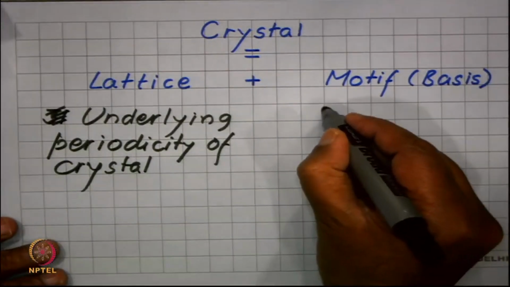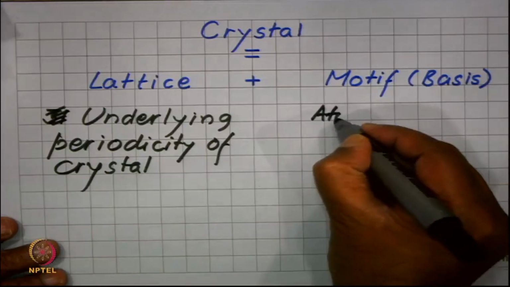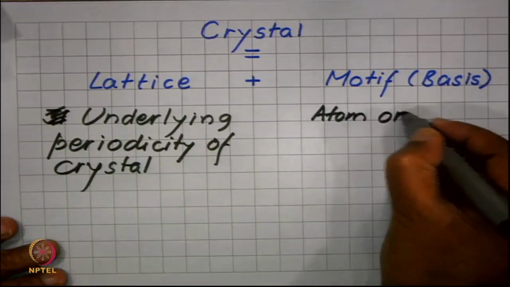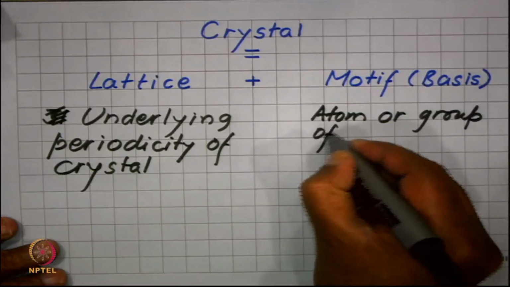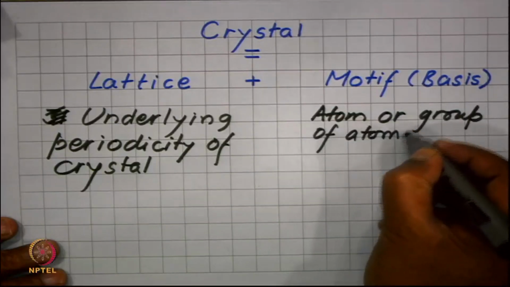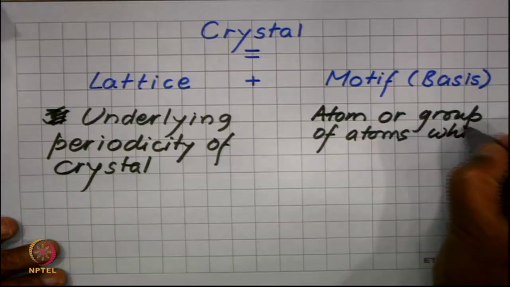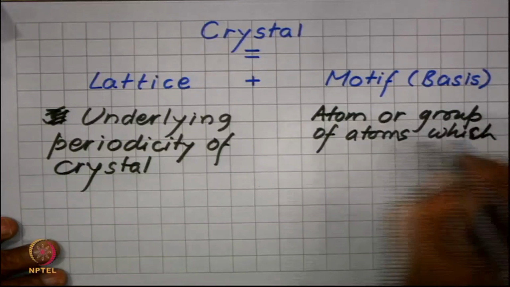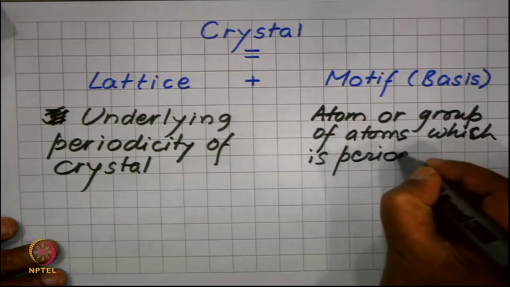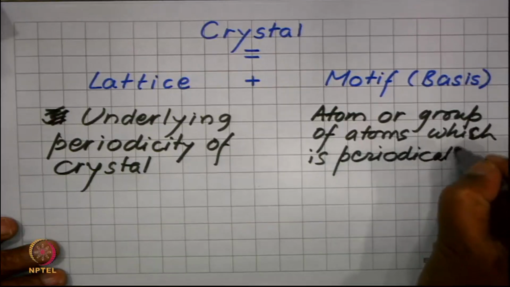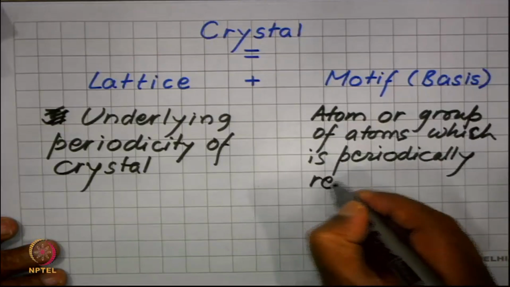Motif gives you the atom or group of atoms which is periodically repeated.